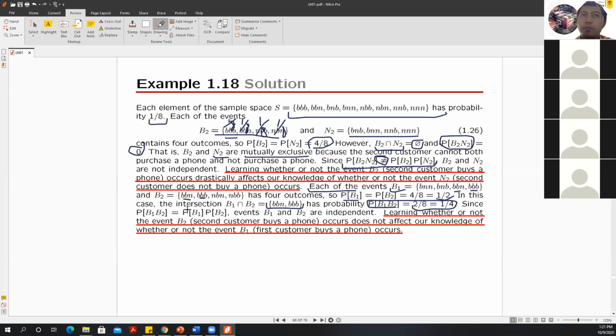And this result is equal to the probability of B1 multiplied by the probability of B2. You can see here, this is 1/2 and this is 1/2. So it's equal to 1/4.